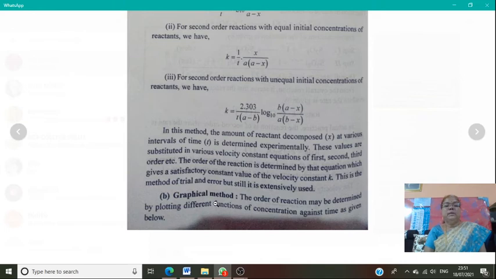That is, in this method, the amount of reactant decomposed, that is x, at various intervals of time t is determined experimentally.